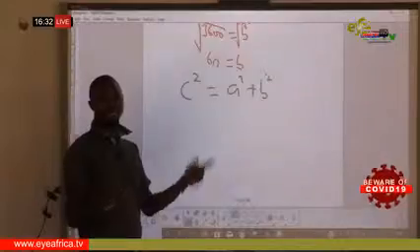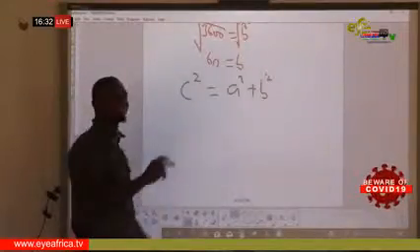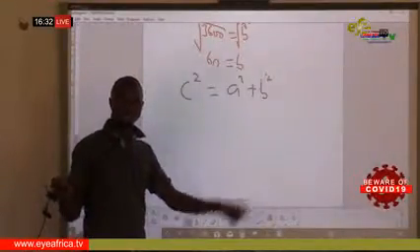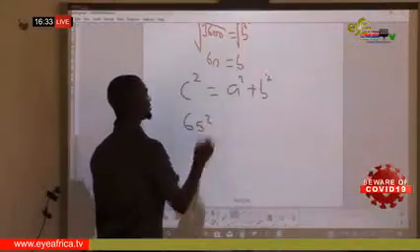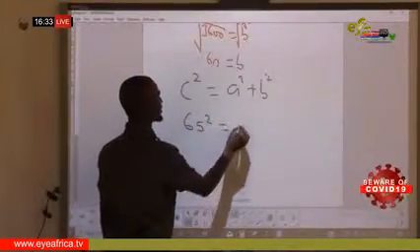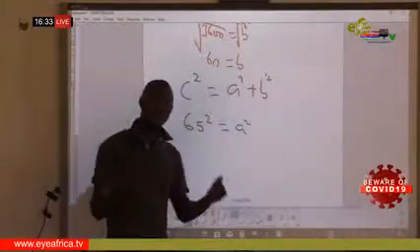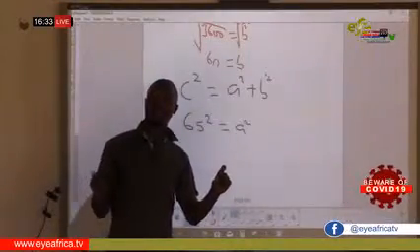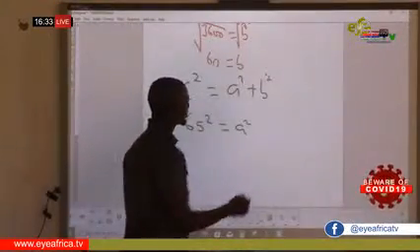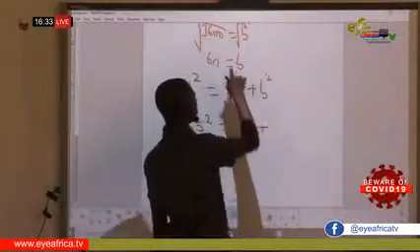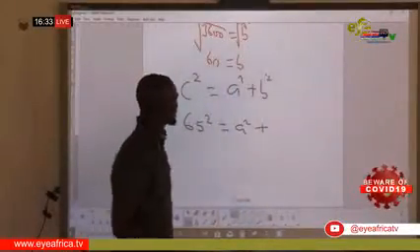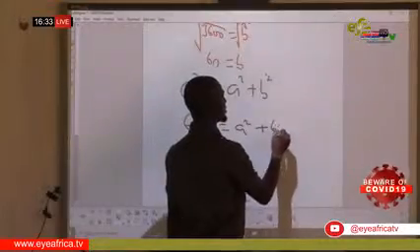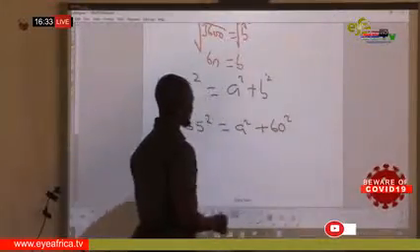C is the longest side of the right angle triangle. We know C is 65, so 65 square is equals to A square, where A is 11 plus x, plus B square, which is what we found before. Our B is 60, so that is going to give you 60 square.